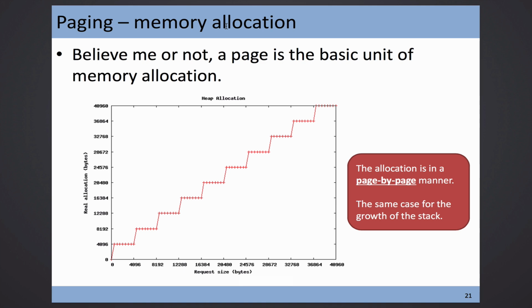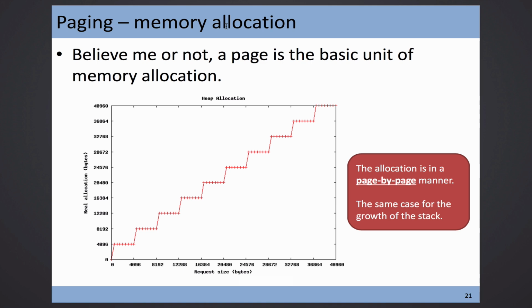So you will see that based on this program, the allocation is a step-like function, right? You go beyond that 4096 boundary, then you will get 1 more page. Go beyond that boundary, you get 1 more page. Okay, so every time you get a page.